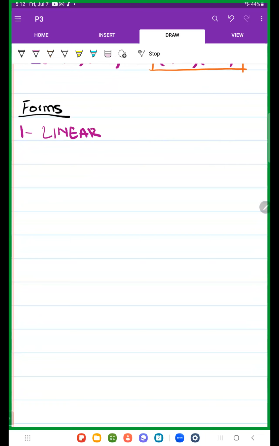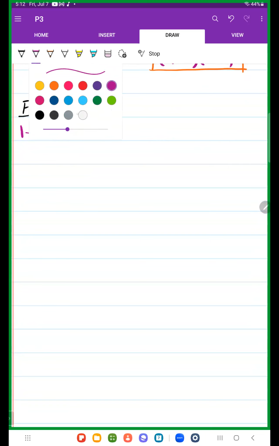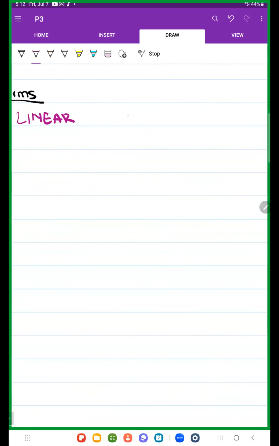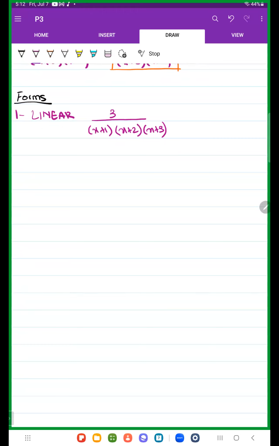In the linear form, the denominator that they give you has linear factors. So they'll give you a question like this: x plus 1, x plus 2, x plus 3. I'm just giving you the theoretical information right now. We'll do the application later, okay?